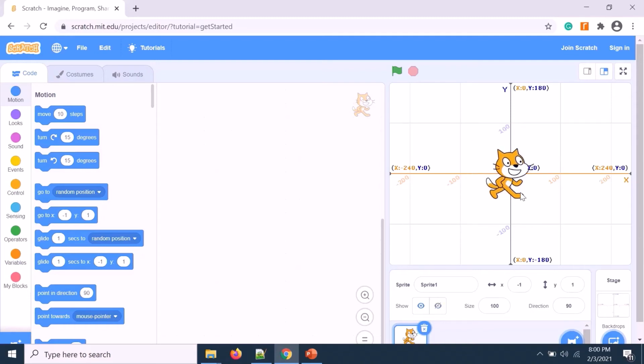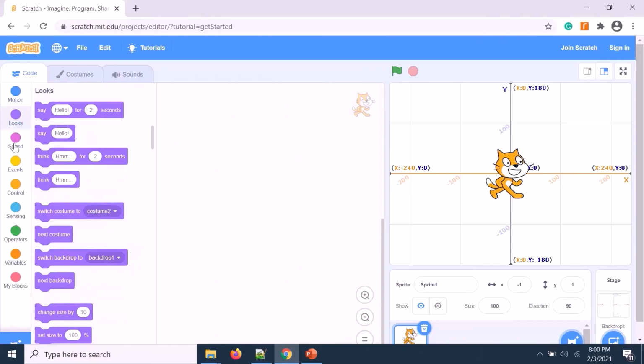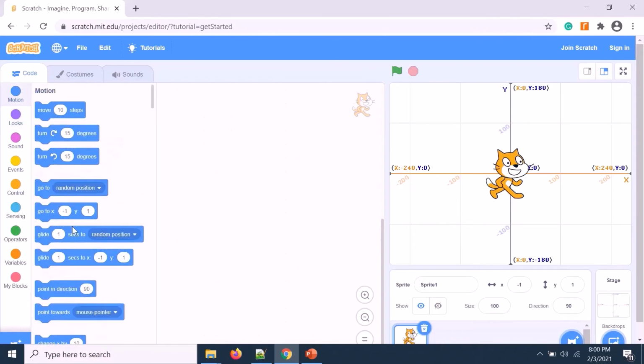If you program with coordinates, in the Motion category you will see the block go to x, y position. If you want to choose a particular position in that area, you need to use this and specify x and y. So this is all about the coordinates.